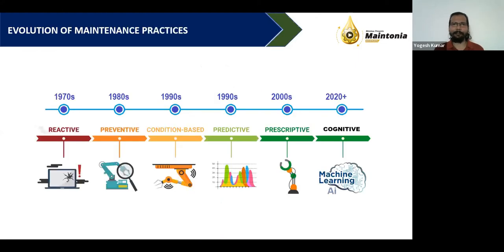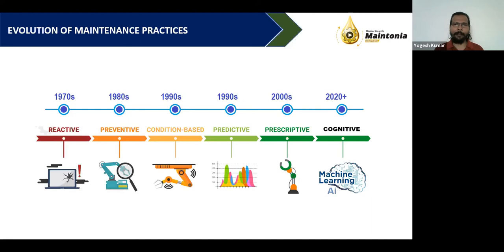This is a diagram about the evolution of maintenance practices. As we invented wheels, that was the first machine developed by a human being, then finding fire was a revolutionary finding.